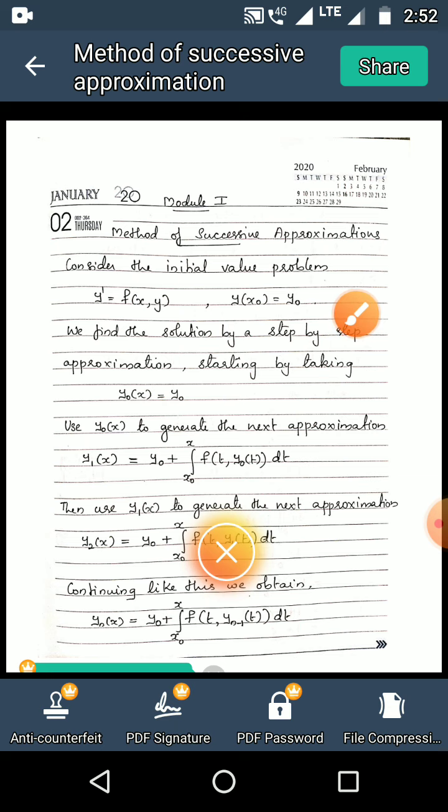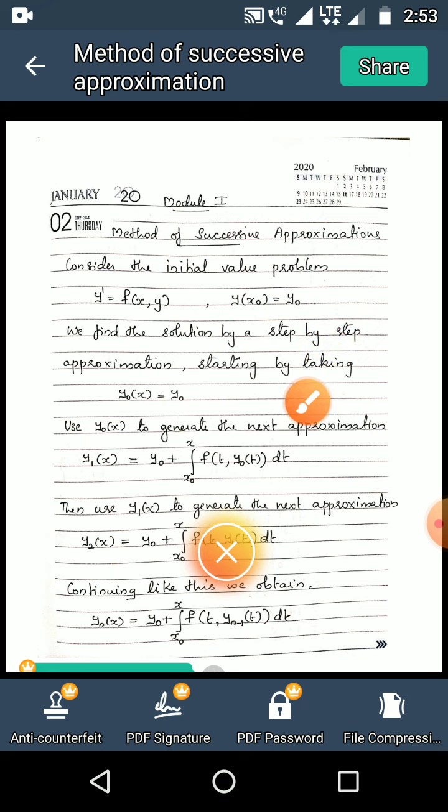In this method, we are finding the solution by a step-by-step approximation. This method is used to find the solution of initial value problems of this particular type, and we find the approximations by a step-by-step procedure.